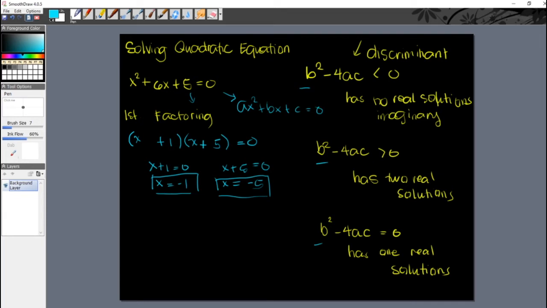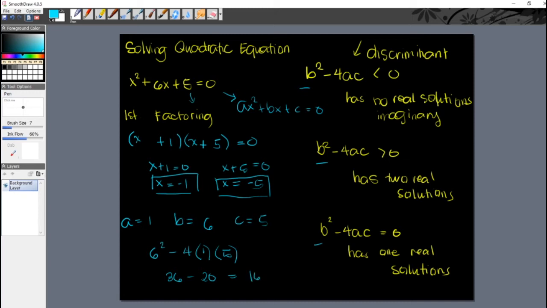So our a is 1, our b is 6, and our c is 5. If we evaluate the discriminant, we have 6 squared minus 4 times 1 times 5. This is equal to 36 minus 20, which is 16.